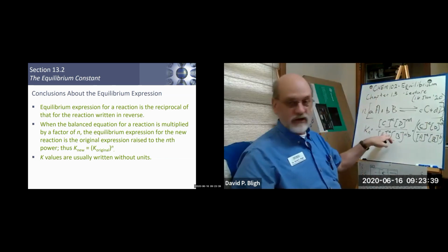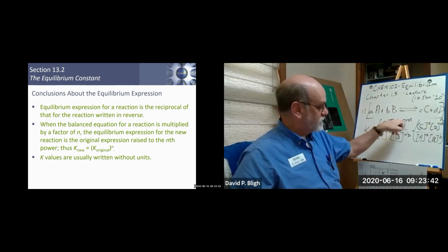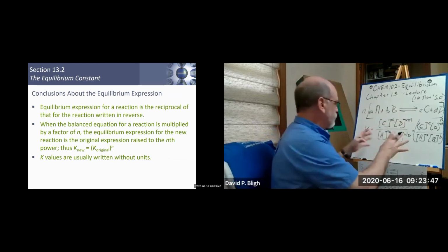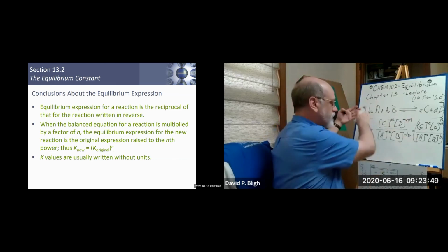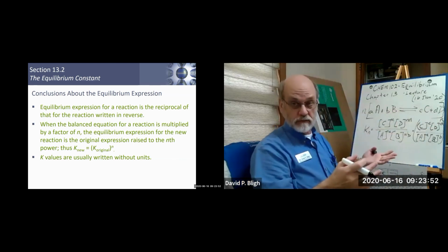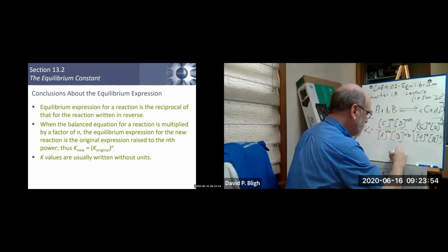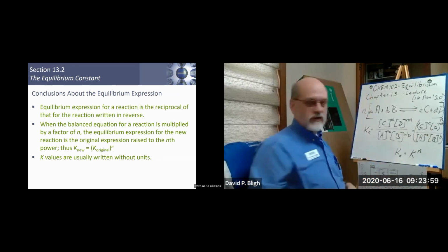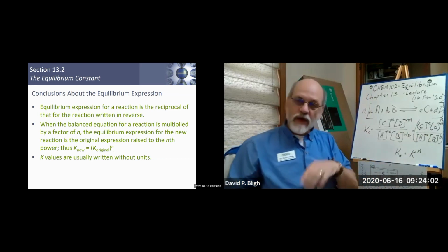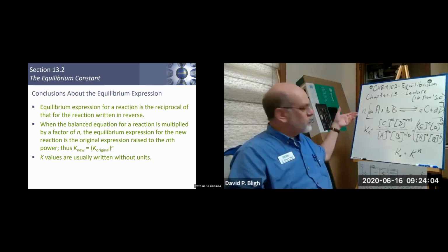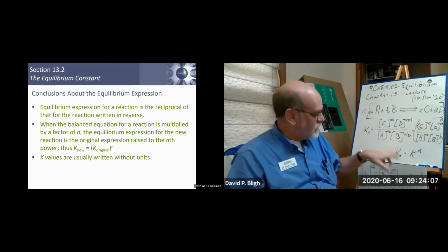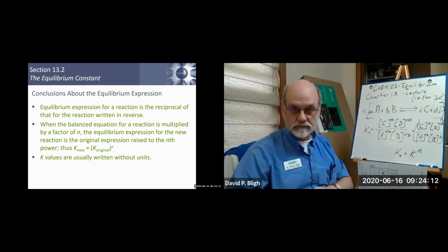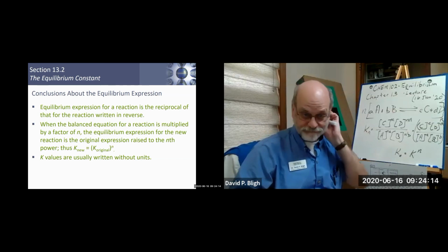We just factor out this n from each one of those. And what does that mean for the relationship of this expression to the original? The new K is equal to the old K raised to the n power. So if you have to multiply your equation through by a constant, then the new K value is raised to that power.